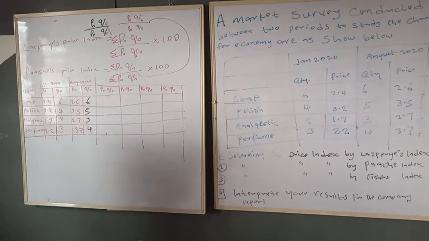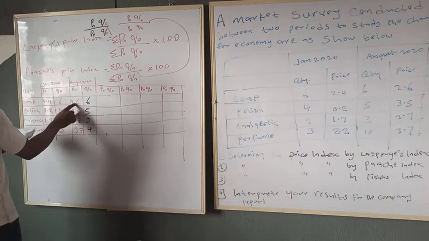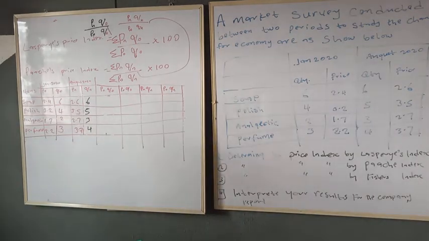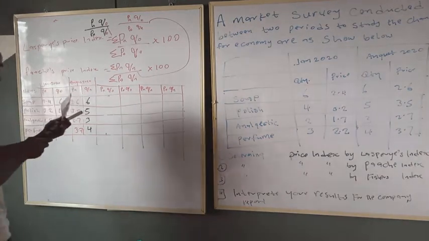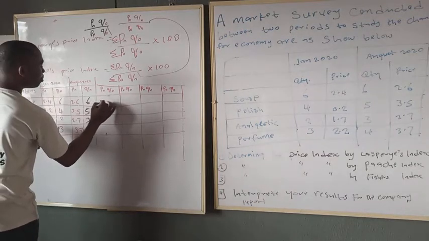So our PN and QO: 2.6 times 6, which is 15.6.